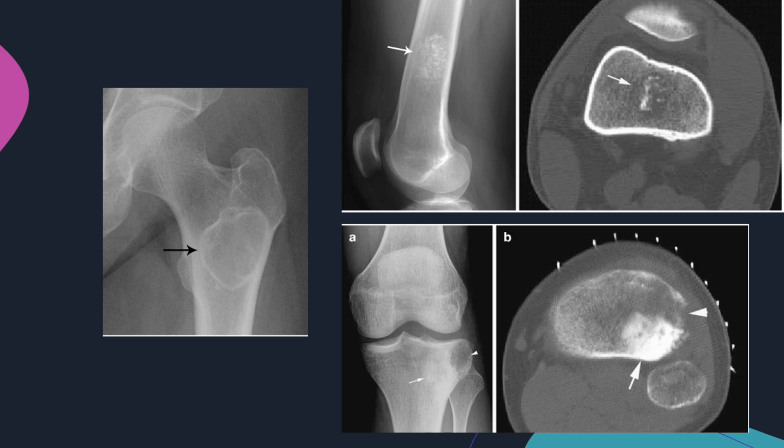Obviously, on CT, there's a cortical break here. For the soft tissue, the lesion or the tumor goes out, eventually forming a soft tissue mass, which is palpable in your physical examination and imaging. And this represents a very aggressive lesion.